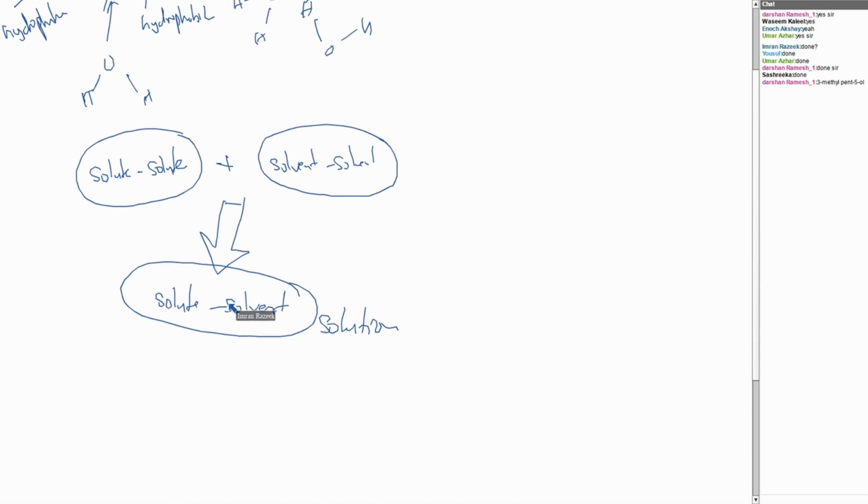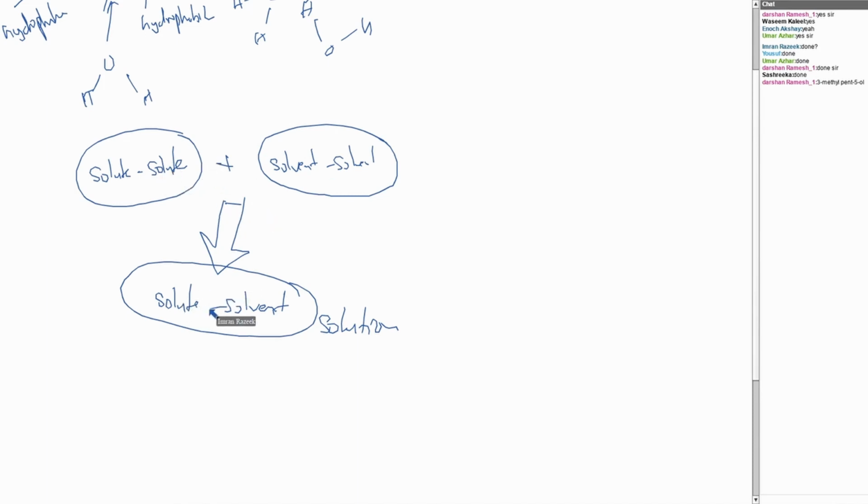We know bond formation is an exothermic process, and bond breaking is an endothermic process, right? So if the energy released when the bond is made is more than the energy of the intermolecular attractions between the solute and solvent, then the solute-solute and solvent-solvent bonds will be broken in order to form the strong solute-solvent attractive force.